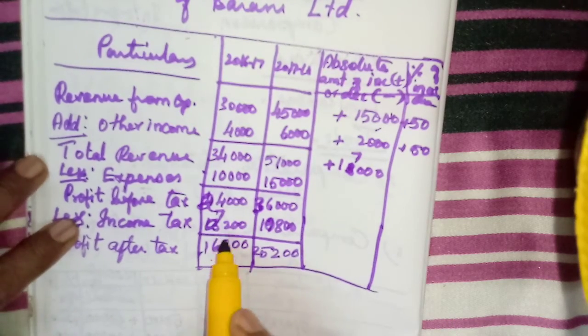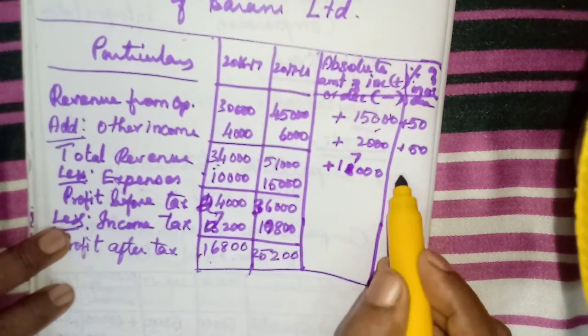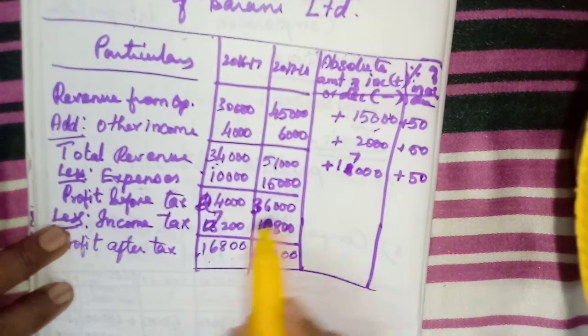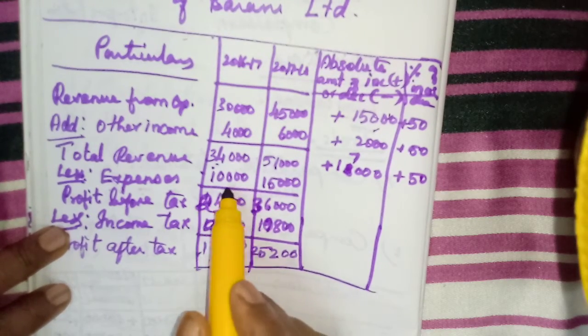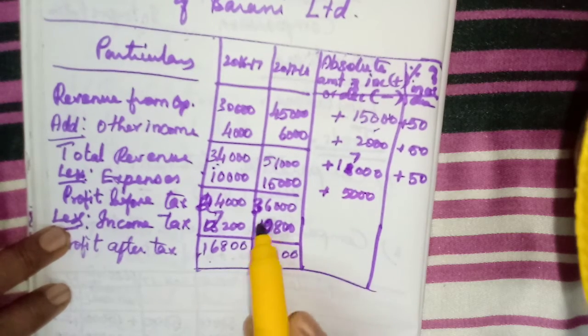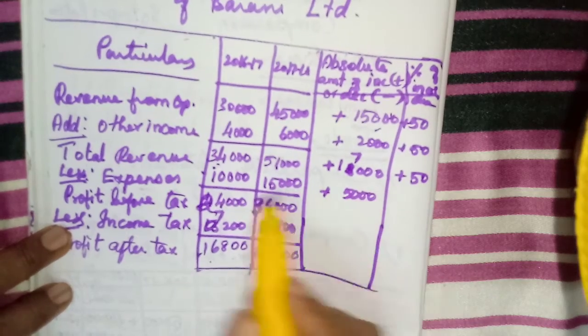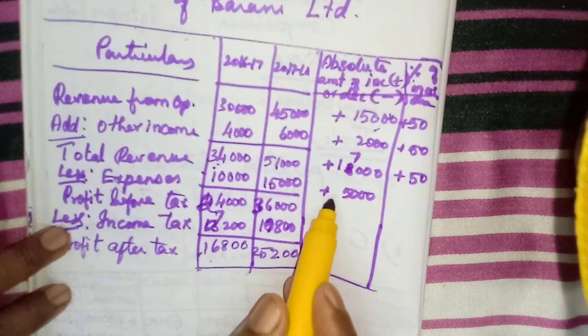Okay, 17,000. This also is half of 34,000. So plus 50%. Then how much is increasing? Plus 5,000. We need to deduct this one from this one.